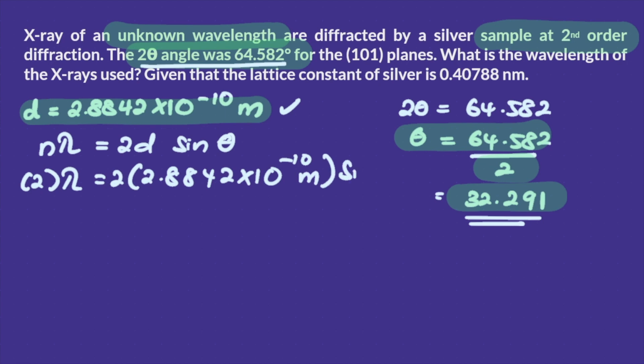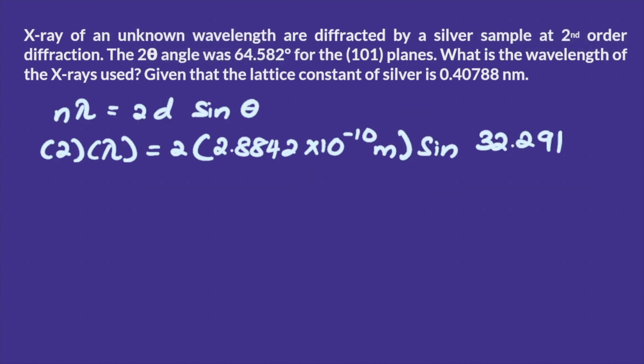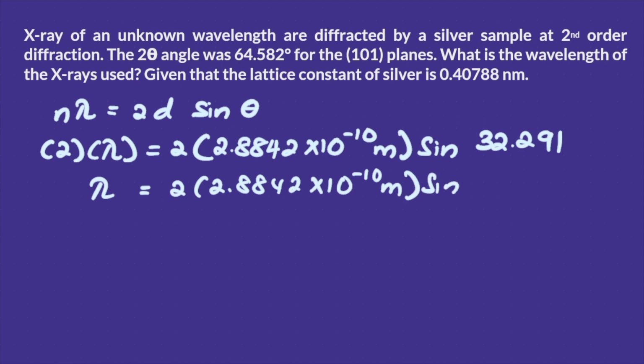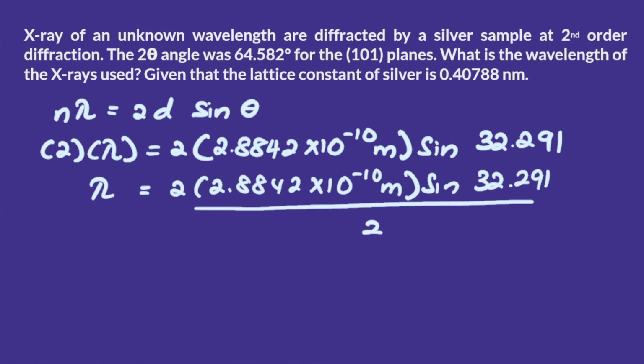So you can find your lambda is equivalent to 2.8842 times 10 to the power of negative 10 meter times sine 32.291, divided by 2.